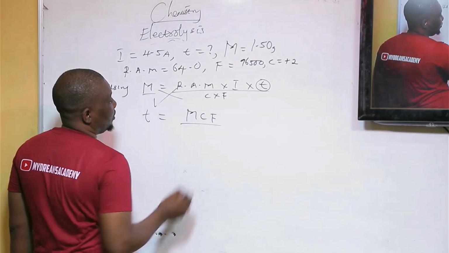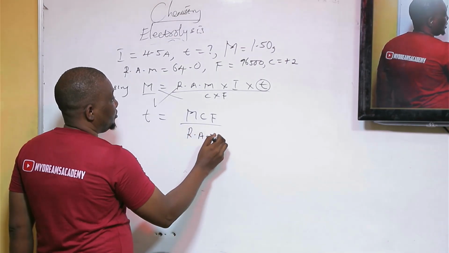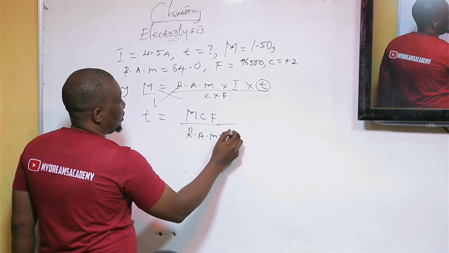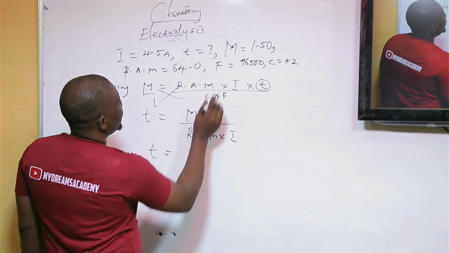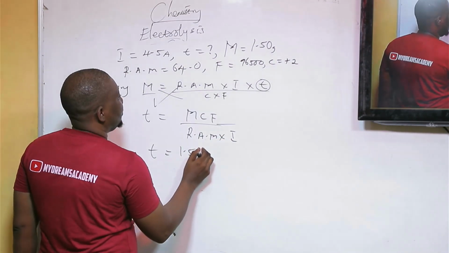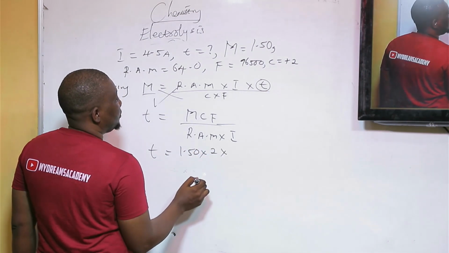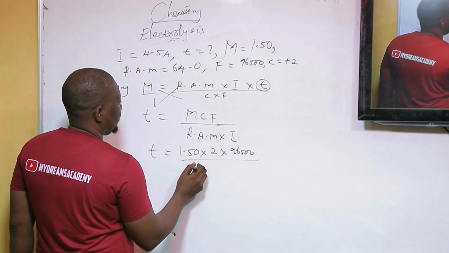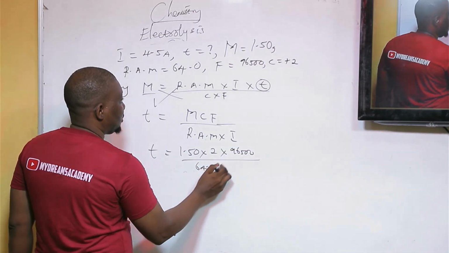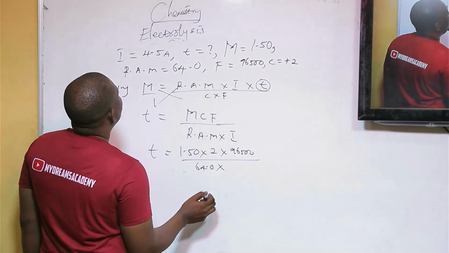So T now is M, 1.50, times charge 2, times Faraday 96,500, upon 64.0 times the current there, 4.5.